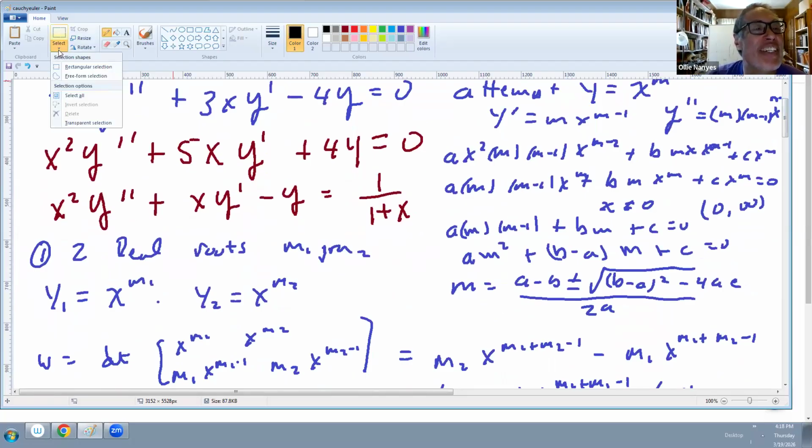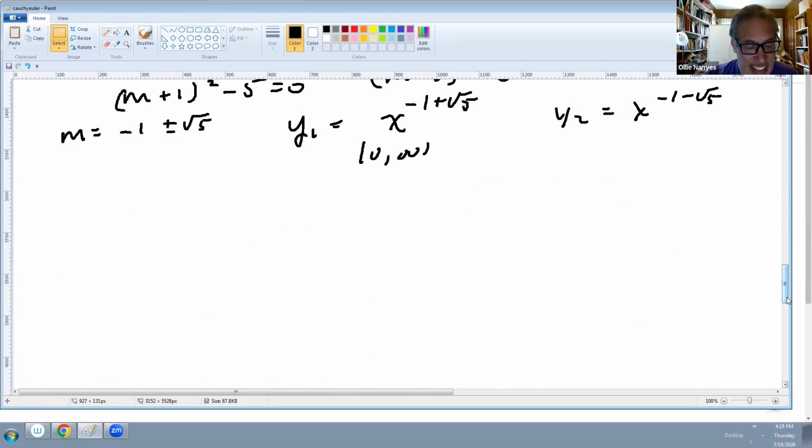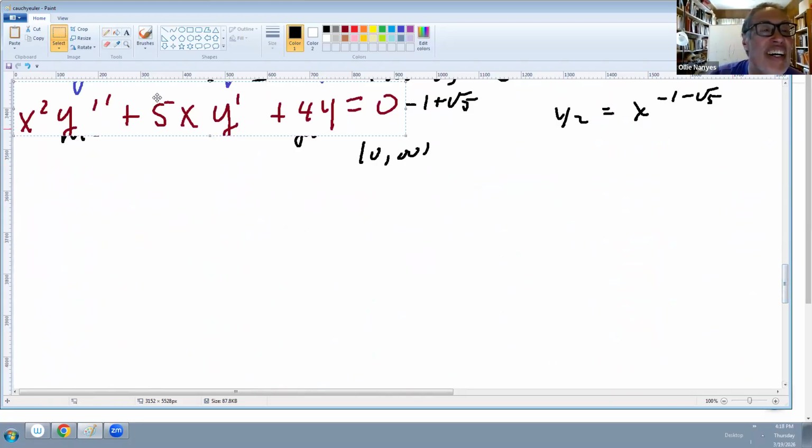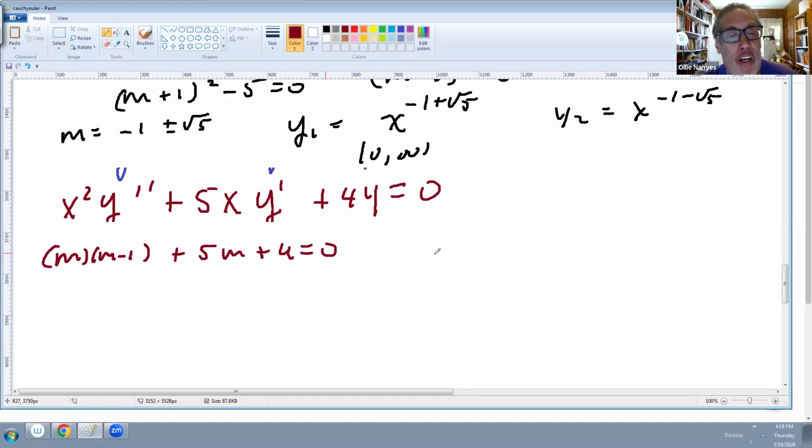Now let's do the next one. So we got this one here. So this one here, the initial equation is m times m minus 1 plus 5m plus 4 is 0.